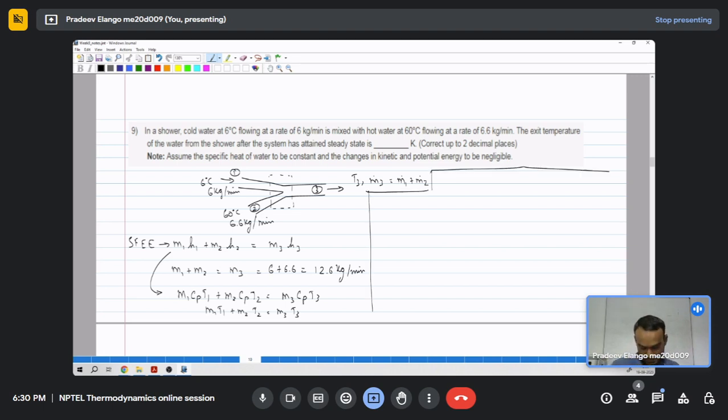So now T3 is equal to (m1 T1 plus m2 T2) divided by m3, that is m1 plus m2. So we have to convert the temperatures to Kelvin scale. 6 degrees Celsius is 279 Kelvin, and for 60 it is 333 Kelvin. So this is (6 into 279 plus 6.6 into 333) divided by 12.6.